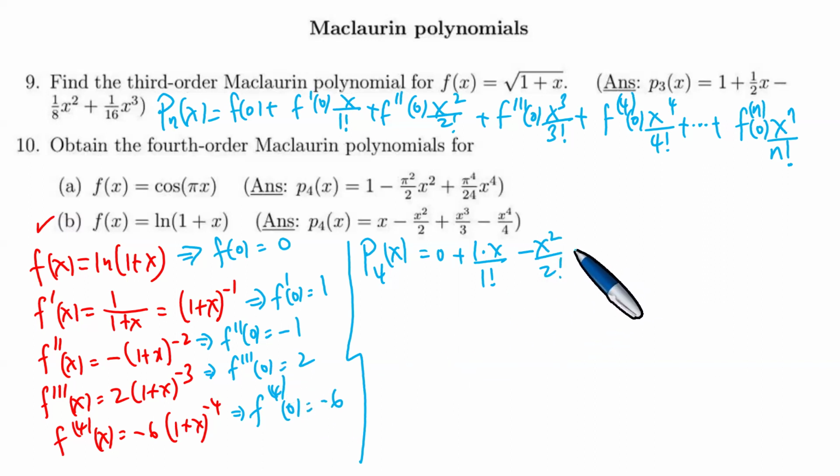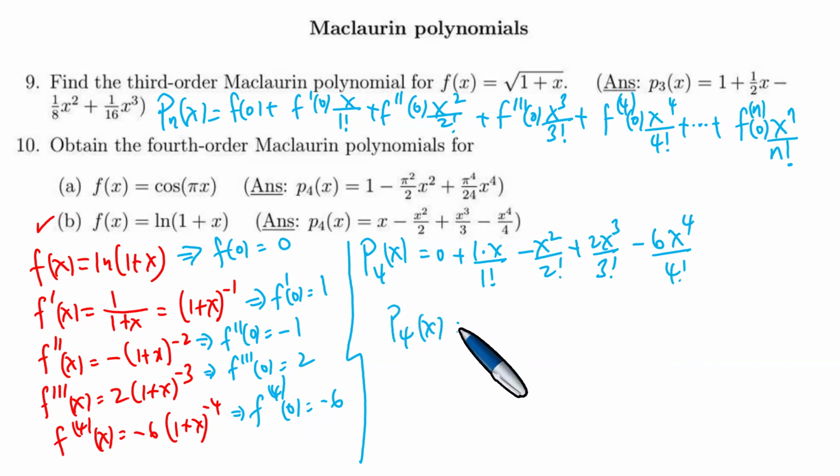The third one is 2. The fourth one is minus 6. Which means P4 of x is x minus x squared over 2 factorial, which is just 2. 3 factorial is 6. If you divide 6 by 2, you get a 3. That's x cubed over 3.